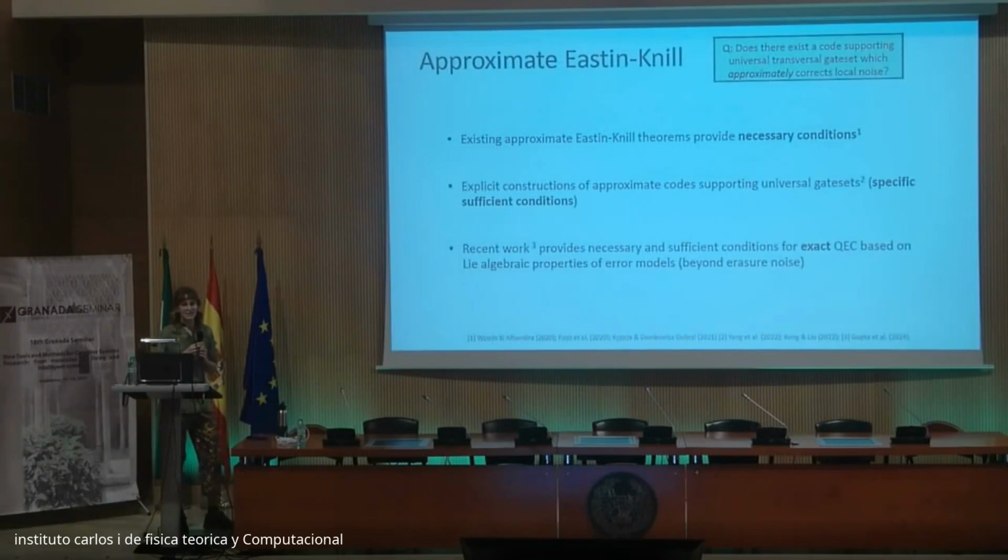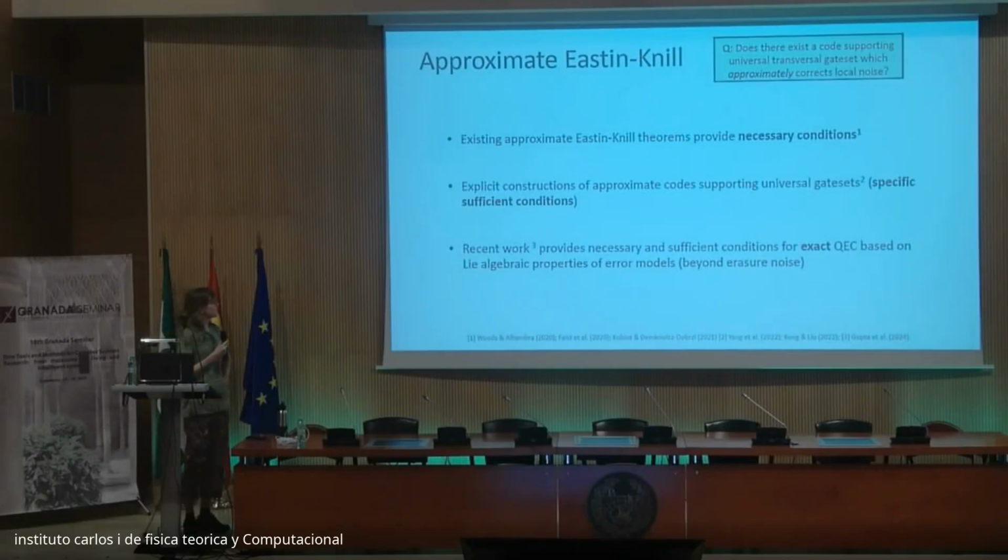And so this is where the approximate Eastin-Knill theorems come in, and there are a number of them in the literature. And existing approximate Eastin-Knill theorems provide necessary conditions on this problem. So they say if there exists such a code that admits a universal transversal set of gates, then the error probability must be bounded by some quantity.